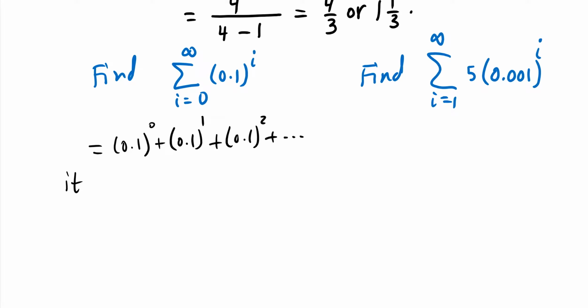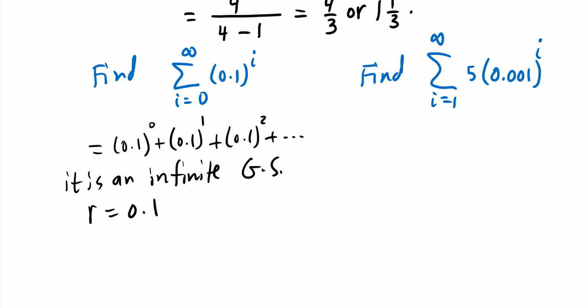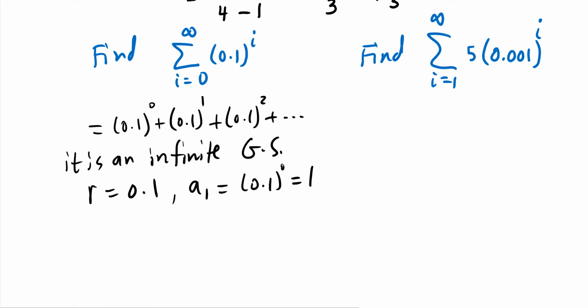So it is an infinite geometric series with R, the common ratio, being 0.1, as you can see. Every time they're multiplying by 0.1. And A1 is 0.1 to the 0 power, which is 1. Anything to the 0 is 1. It's infinite because it goes on to infinity.